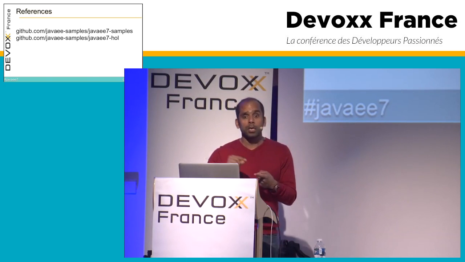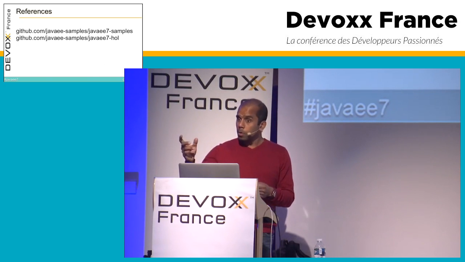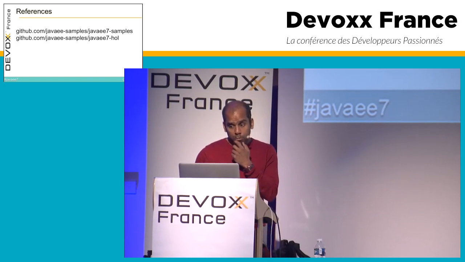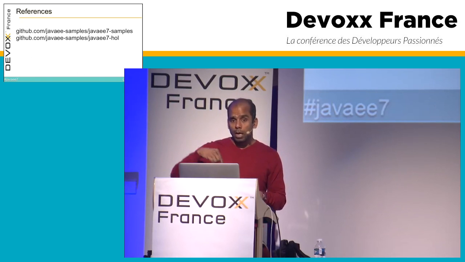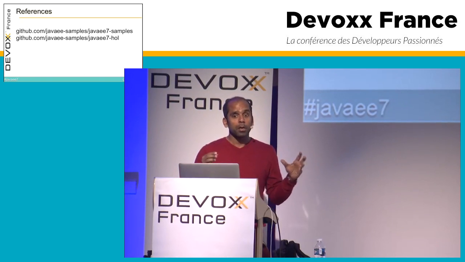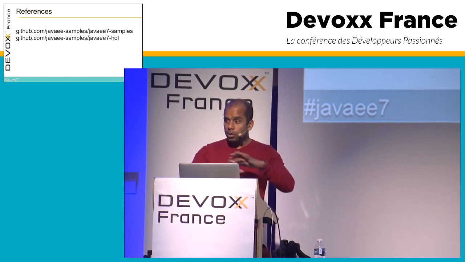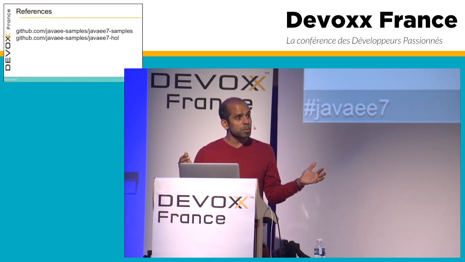We would love to see issues, that Arun, this particular sample is missing. There are about 32 contributors to these Java EE 7 samples. We did a hackathon last year at DevOps Belgium, where a bunch of people contributed lots of tests. So I'm looking for contributions, pull requests, issues, try them out, tell us what is missing, tell us what can be improved.